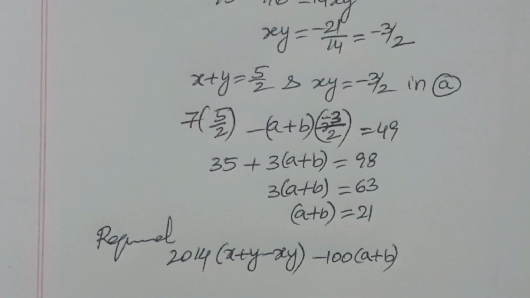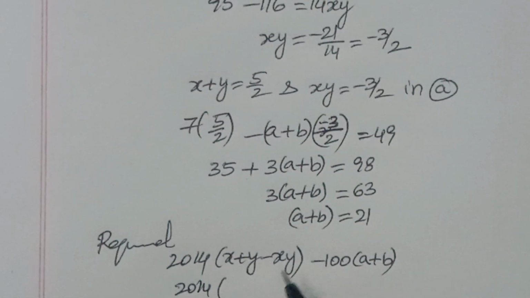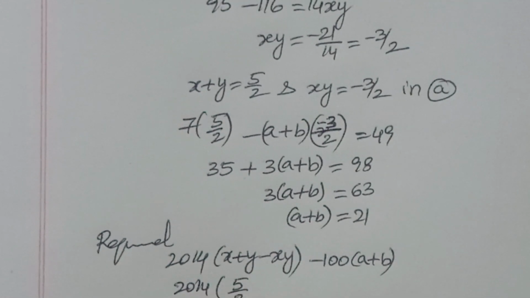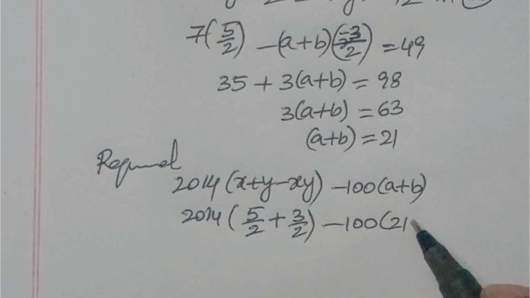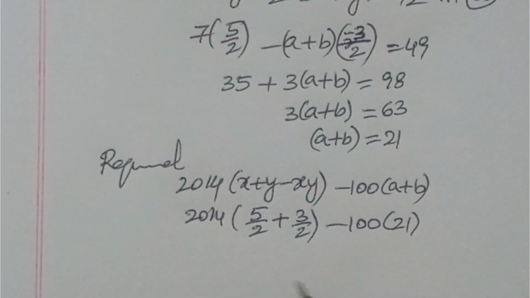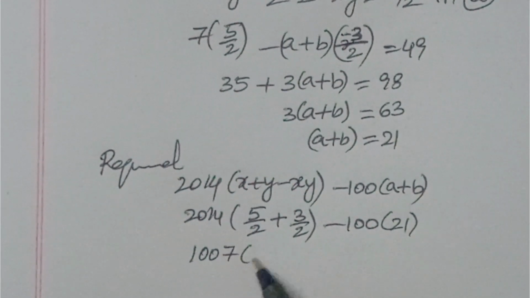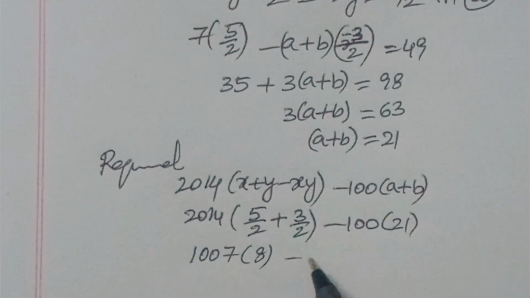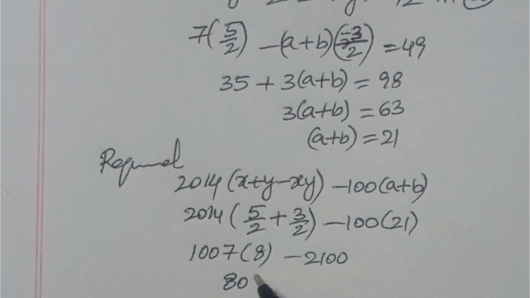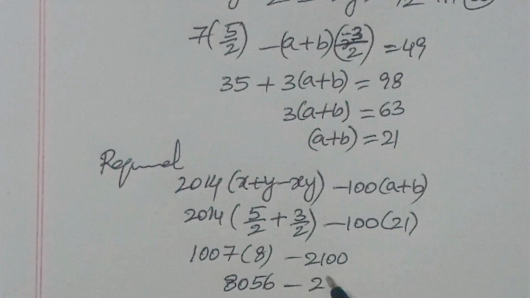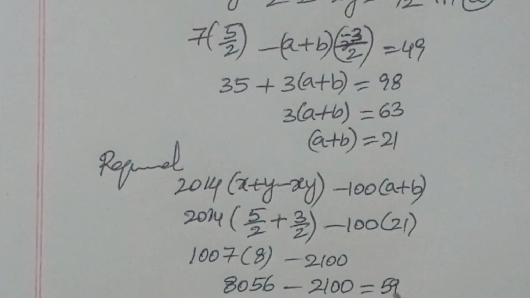So here 2014 into (5 by 2 plus 3 by 2), minus 100 into 21. So here 1007 into 8, the 2 will get cancelled. Minus 2100. So 8056 minus 2100 is equal to 5956.